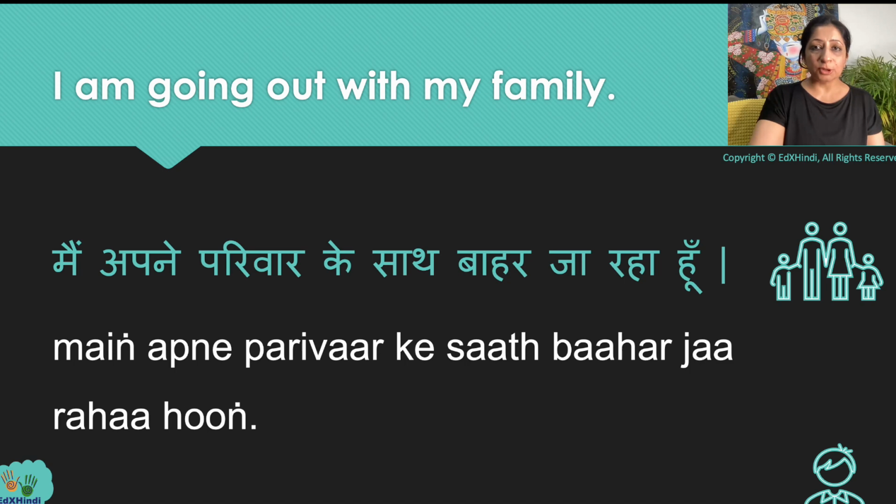So the verb conjugation for this Hindi sentence is making the use of raha. मैं अपने परिवार के साथ बाहर जा रहा हूँ. मैं means I, अपने means my, परिवार means family, के साथ means with, बाहर means out, जा रहा going, हूँ means am.